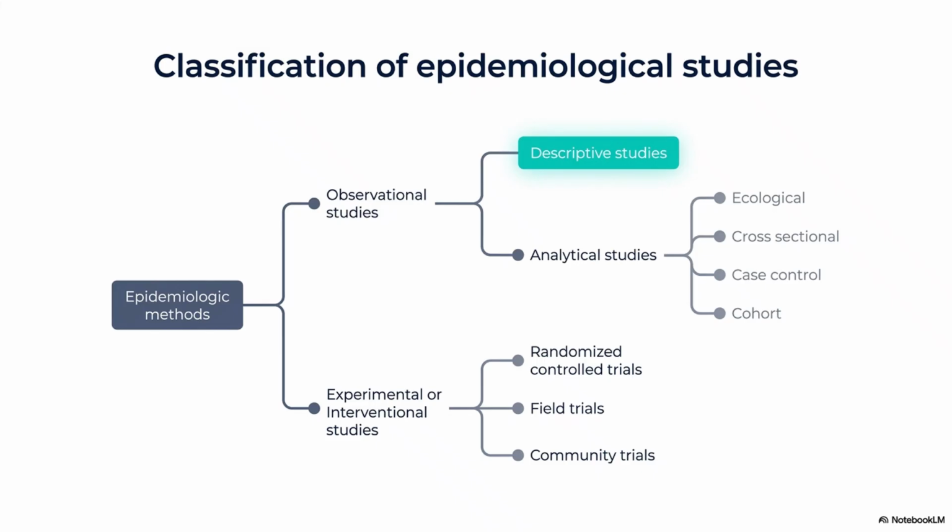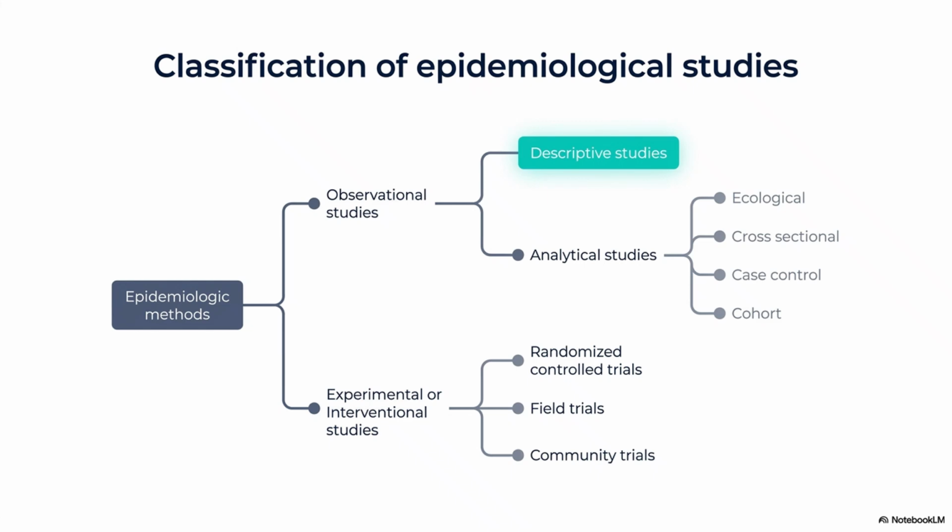And again, observational studies are classified into two categories. One is descriptive studies, which we are going to discuss now, and second one is analytical studies. Descriptive studies will only describe the disease in detail, like time, place, person distribution. But analytical studies will see association also, like strength of association, relative risk.